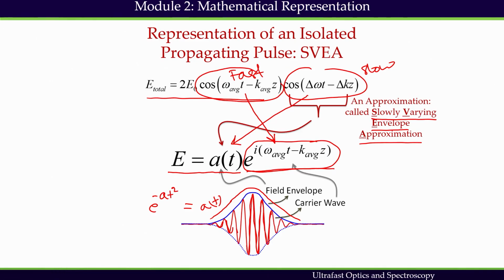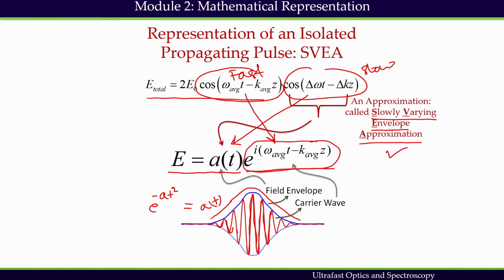are significantly different, then we can use this slowly varying envelope approximation. In general, for pulses longer than 50 femtosecond, this approximation is valid. But for pulses less than 10 femtosecond, this approximation may not be valid.